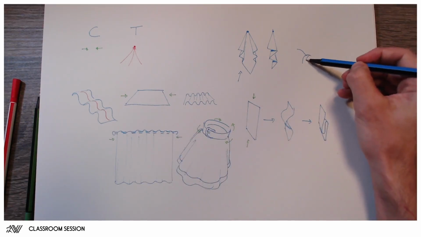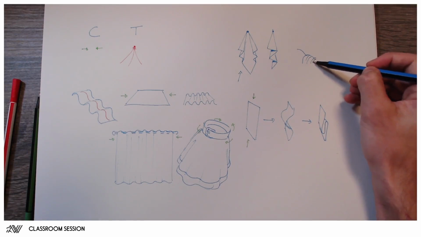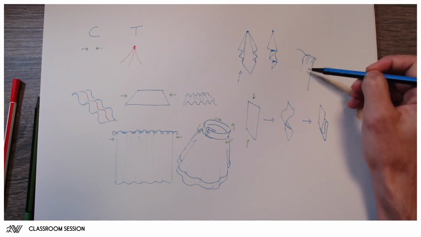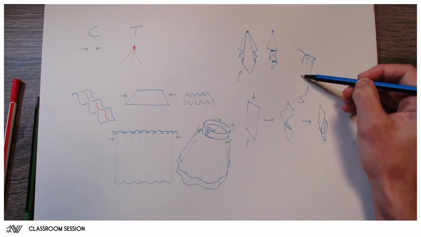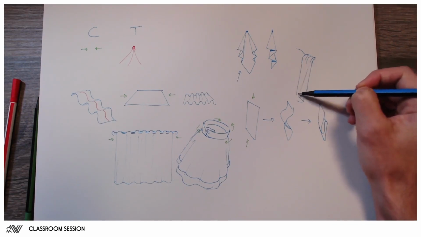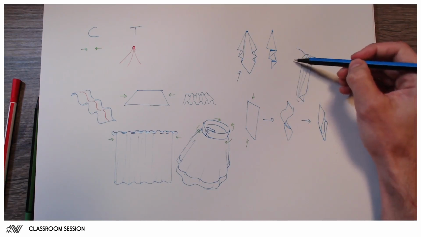So we would have these pipe folds happening, and then that would droop down and fold onto itself, and go towards that point of tension.